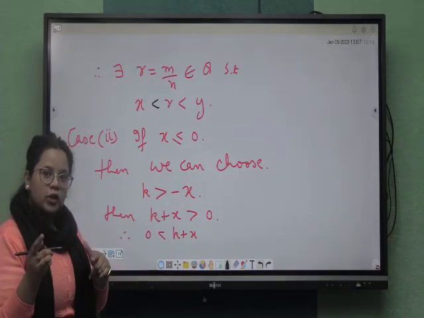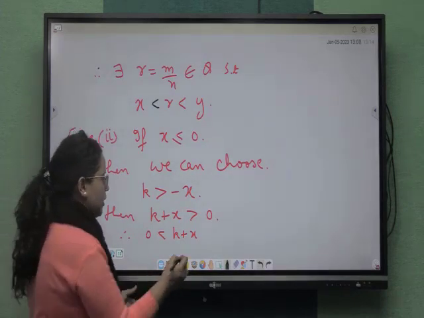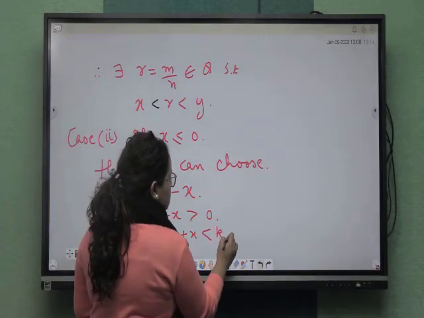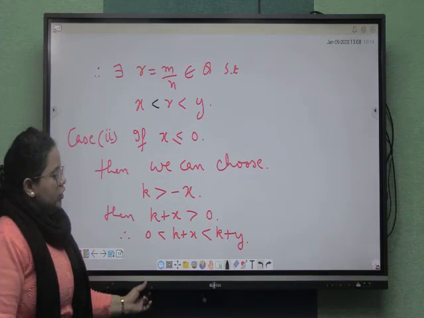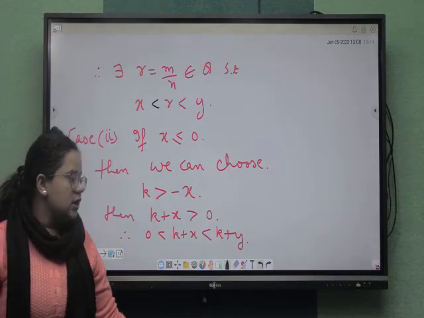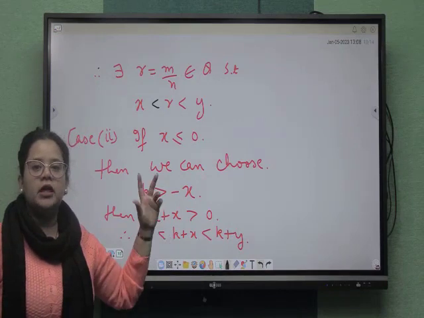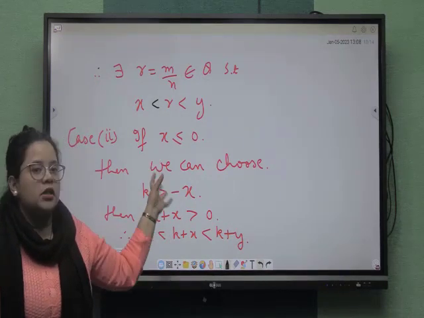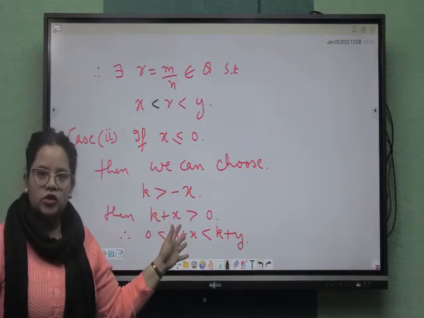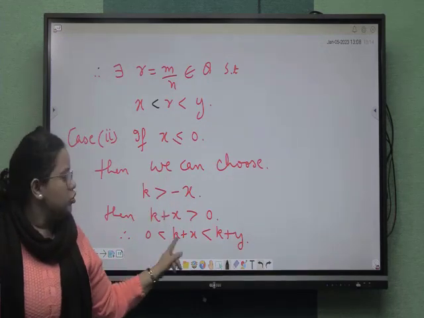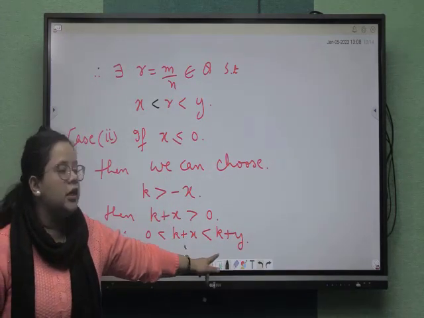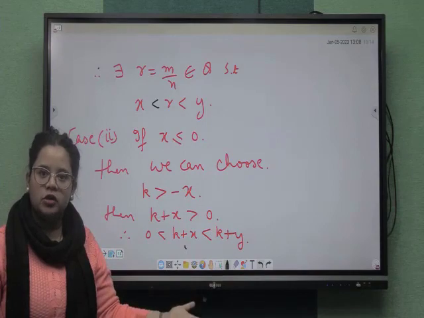Now x is less than y, so k plus x is less than k plus y. Now see, we have these two numbers k plus x and k plus y, and these are positive numbers. So just like we did in case 1, that for positive numbers you get a rational number between two real numbers, here for k plus x and k plus y you will get a rational number.